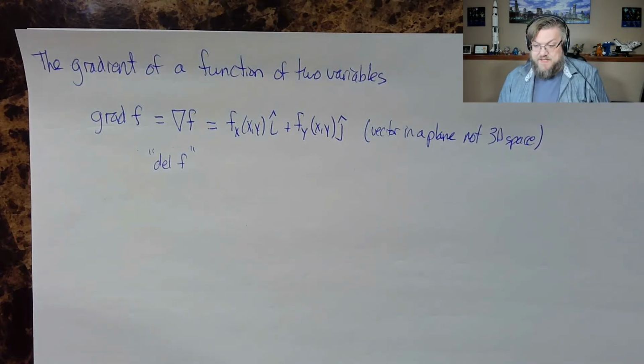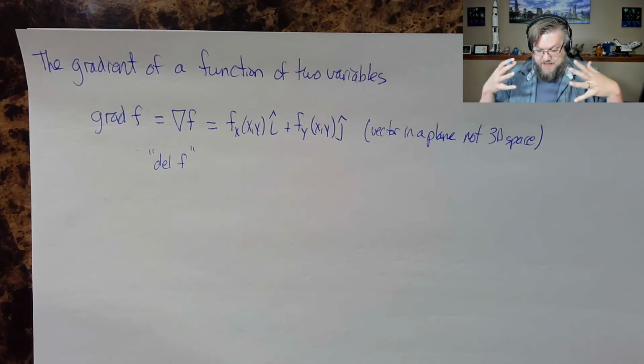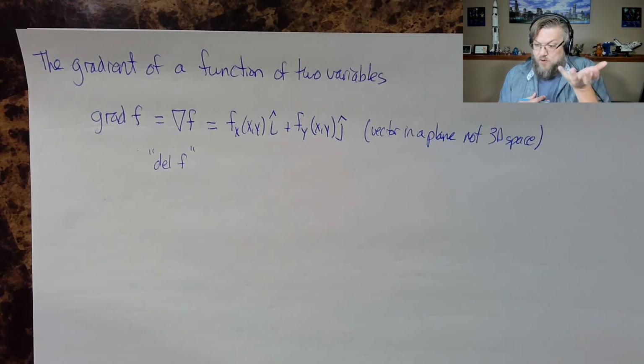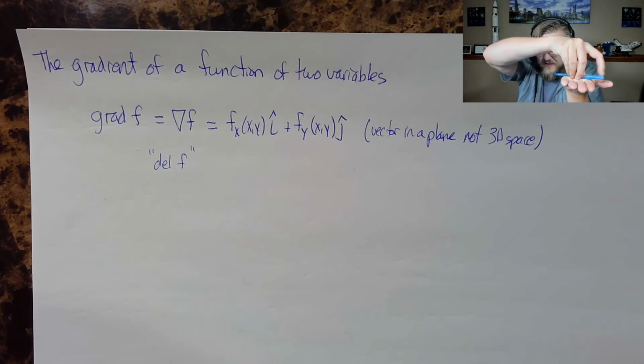So I like to think of it this way. And once we start getting into what the gradient does and what it looks like, I like to think of it as standing at a point on a hill. I'm holding a compass, but I'm holding it flat, right? So the needle of the compass is not allowed to go up or down like this. It's only allowed to spin around like this, and it's pointing in a certain direction.